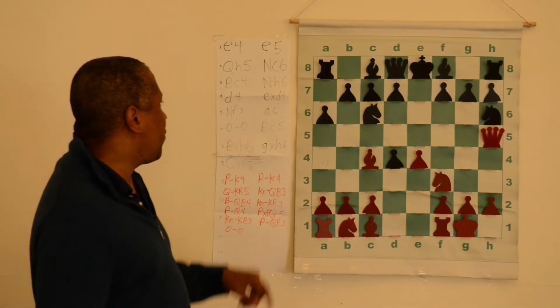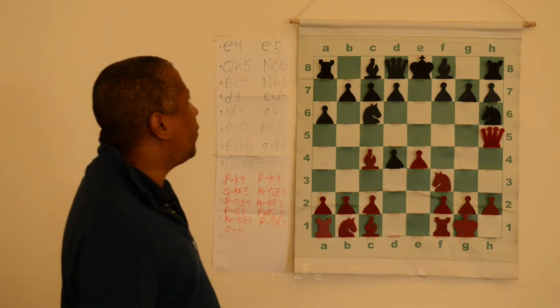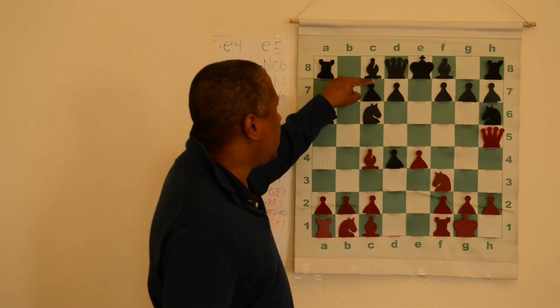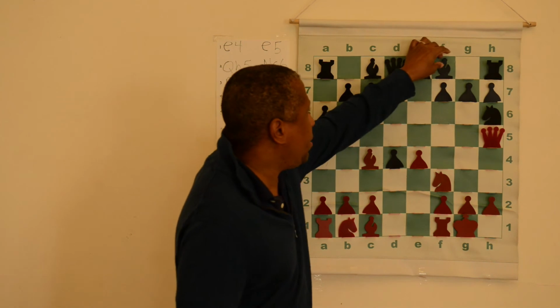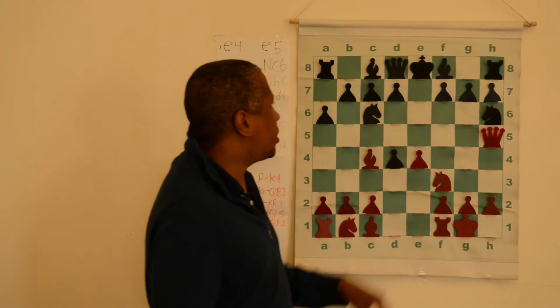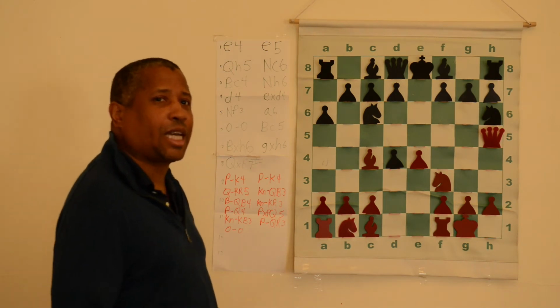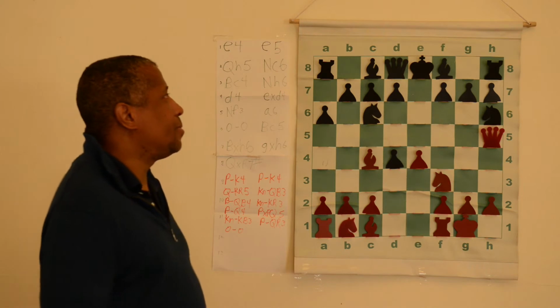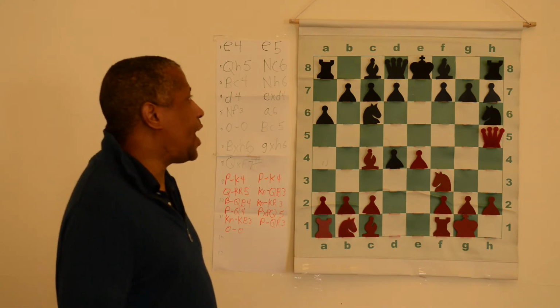Now, the next move for black is BC5. So here's C, C8, C7, C6, C5. And then we move the bishop right there, just like that. So the question is, how do we write that in descriptive notation? I'll give you a second to figure it out. That's right, first find the file.